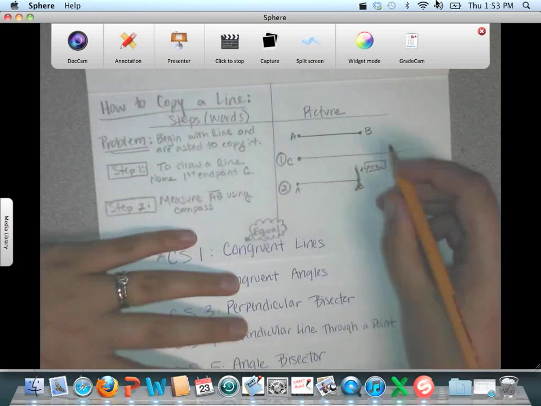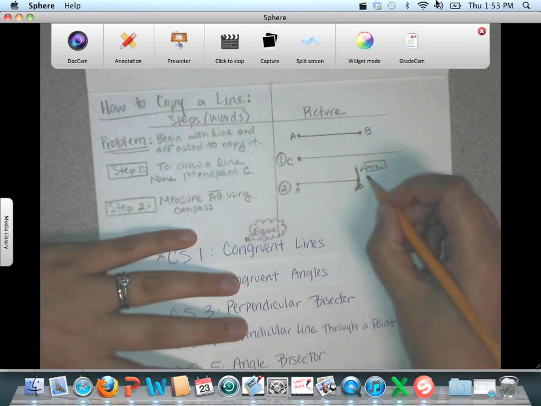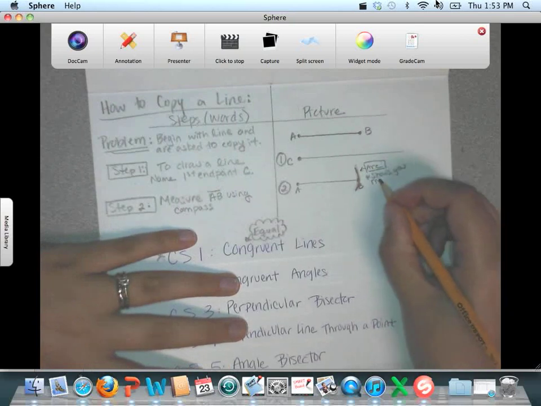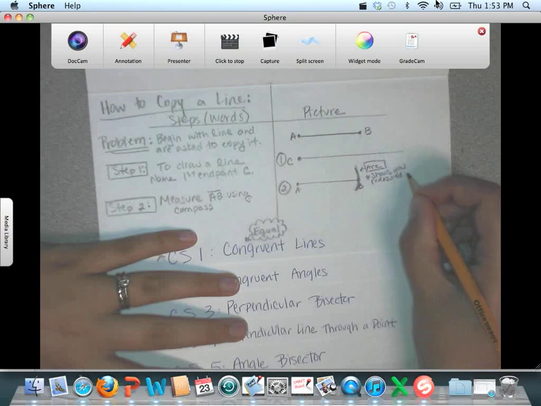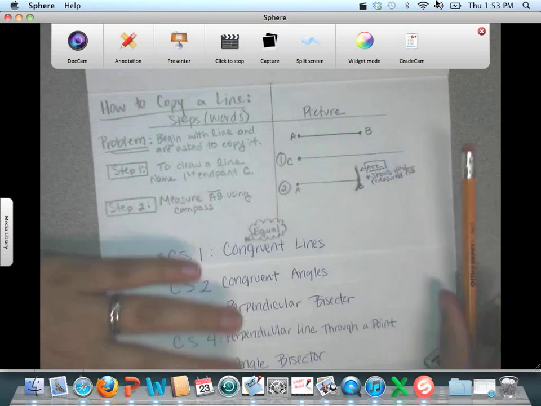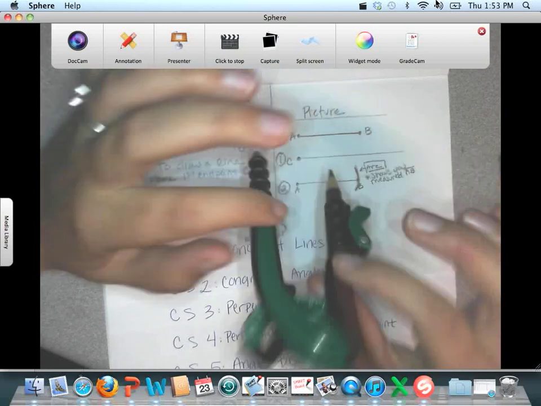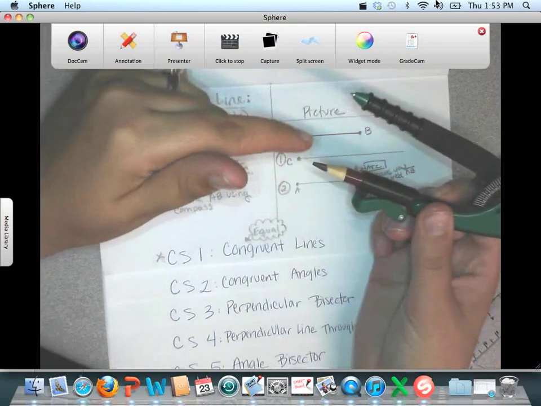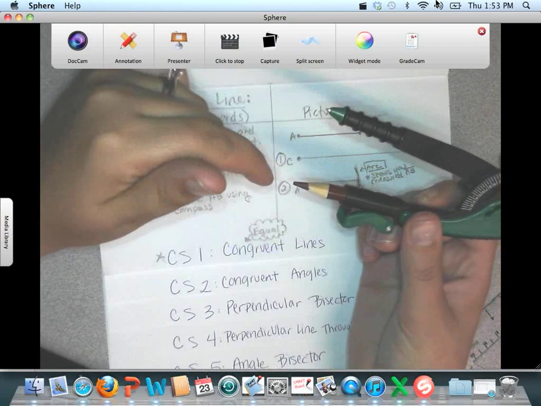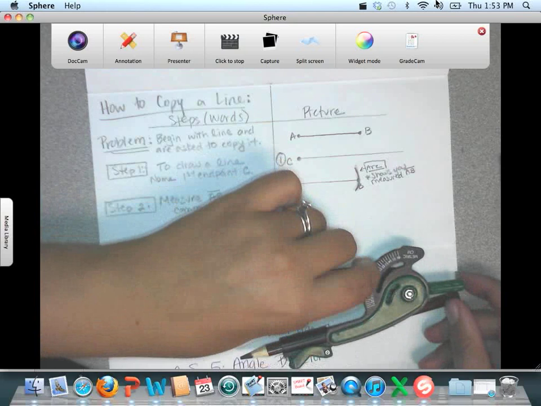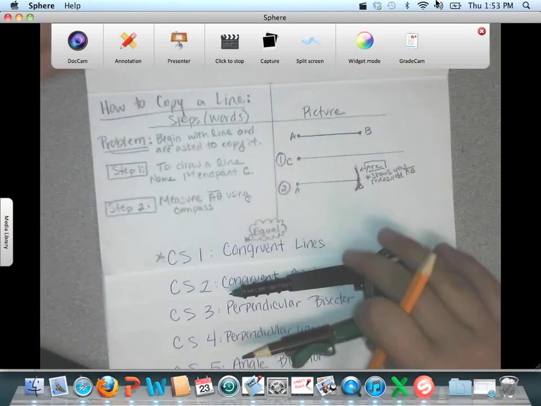The arc shows you measured AB. Now, it's important that once you have your compass open, you leave it at this width, at this radius, because you're going to need this measurement later. So take this, and you're just going to put this aside. I'm going to move it out of my way.